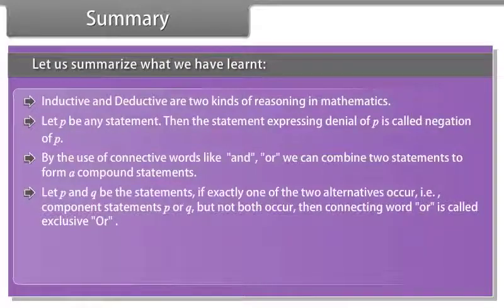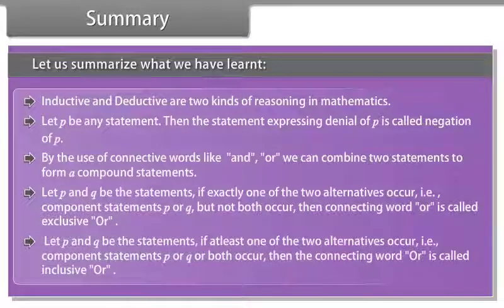If exactly one of the two alternatives occurs, that is, component statements P or Q, but not both occur, then the connecting word or is called exclusive or. If at least one of the two alternatives occurs, that is, P or Q or both occur, then the connecting word or is called inclusive or.